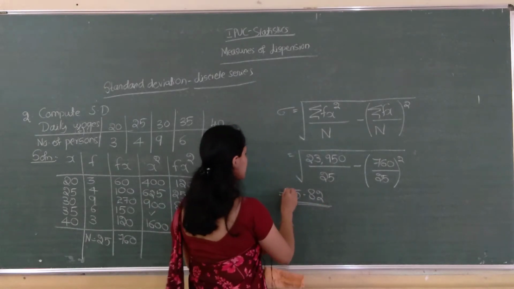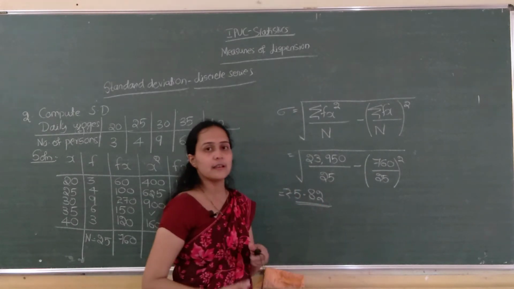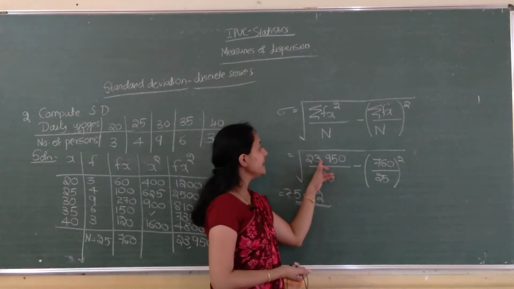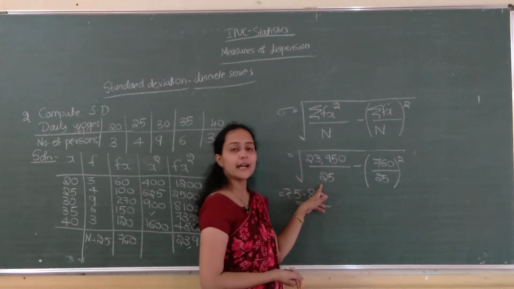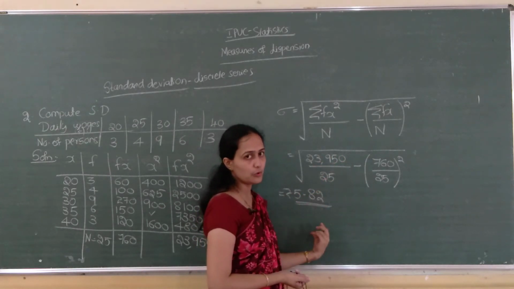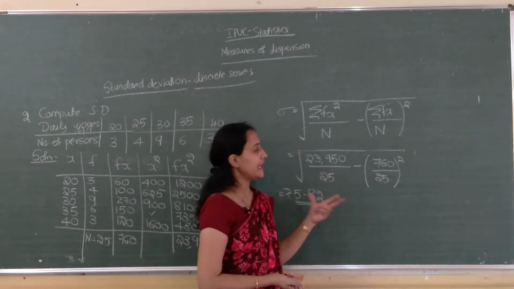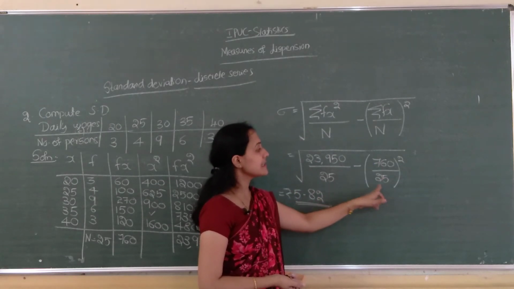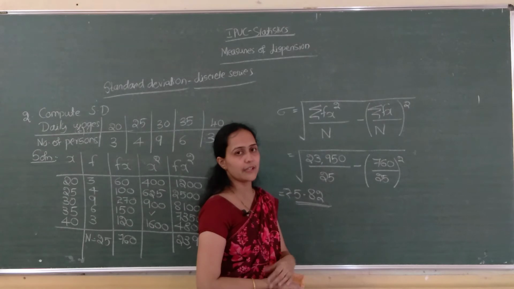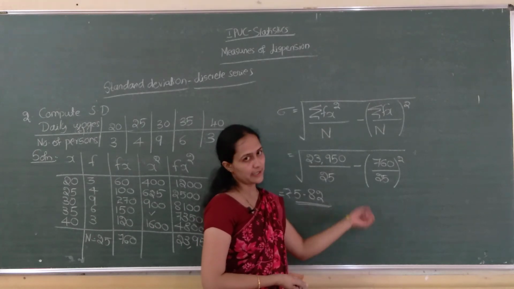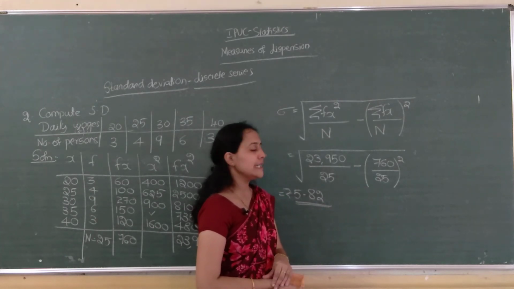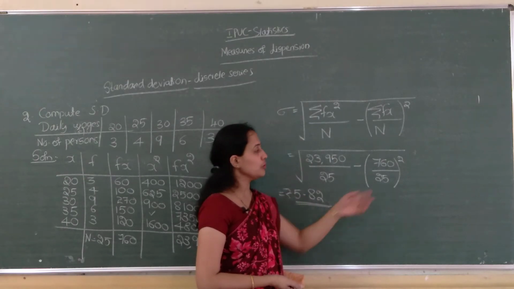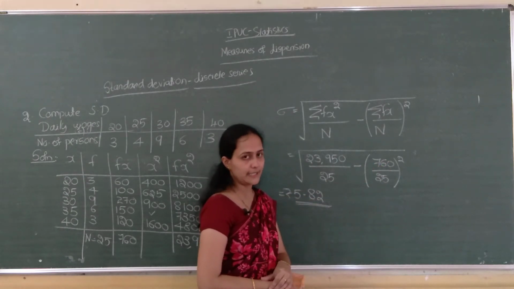That many rupees, actually, this is daily wages. So, how to do it first? 23,950 divided by 25 you do first, you will get one value, minus 760 divided by 25, which is also one value, and you square that quantity.